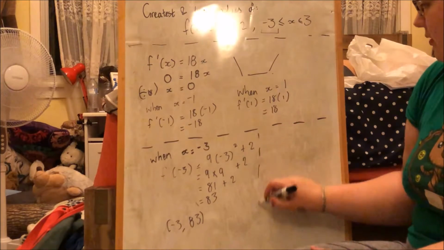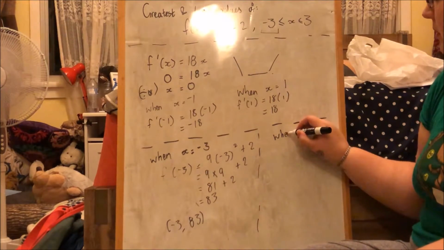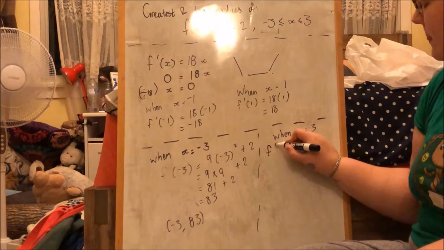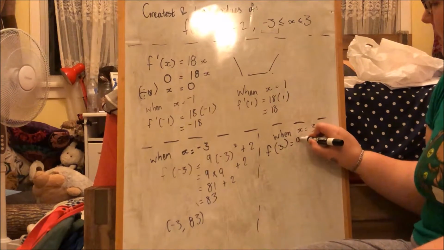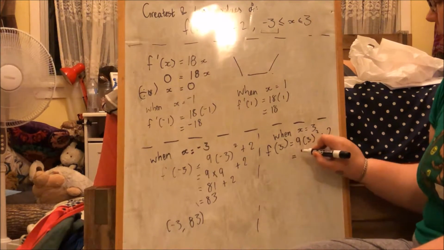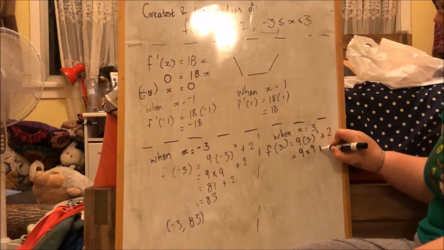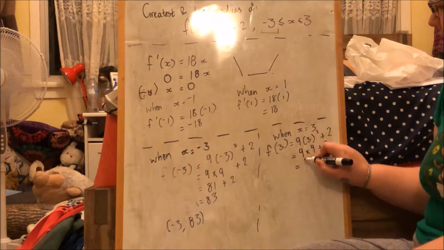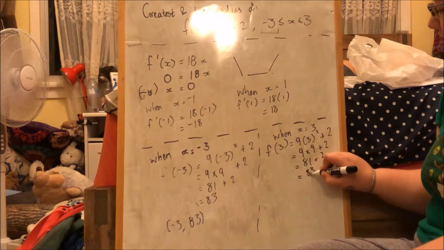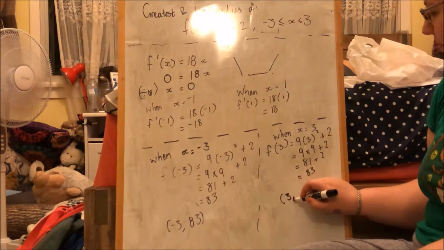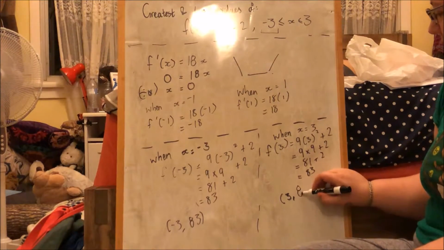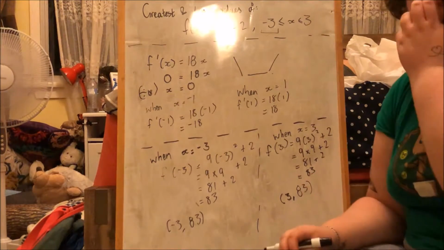And then when x equals +3, f of 3 equals 9 times 3 squared plus 2 equals 9 times 9 plus 2 equals 81 plus 2 equals 83. Hey, look at that. They're the same though. So there's going to be a point there at +3, 83.